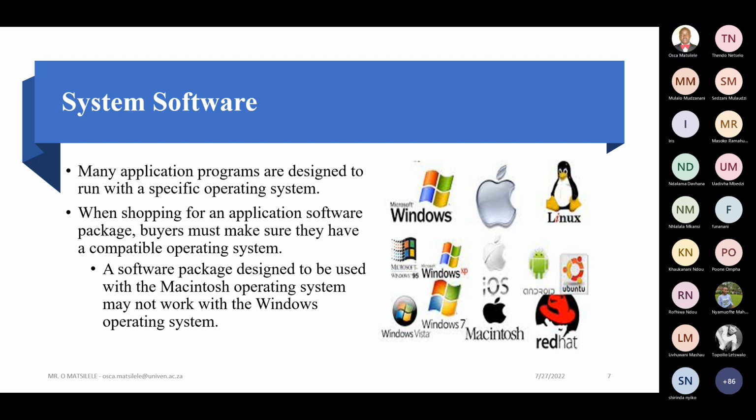Whenever you go shopping, if you want to buy an application software package, you must make sure that you have a compatible operating system. What am I saying? A software package that has been designed to be used with the Mac operating system may not work in Windows.